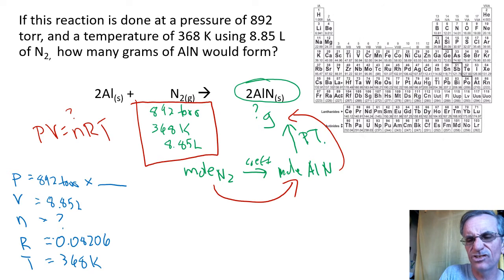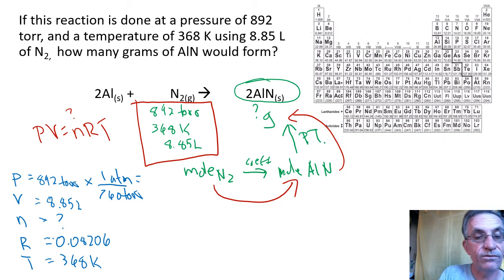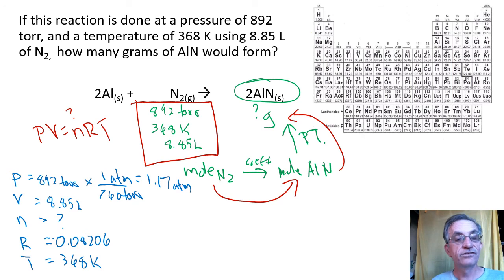I think the conversion should look something like this. 760 torr is 1 atmosphere. So if you convert it to atmospheres, you're doing this at 1.17 atmospheres. Okay, so now we have everything, and we have it all in the right unit, because liters, yeah, that's good for volume, and Kelvin, yeah, that's good for temperature. So let's go ahead and do our math.